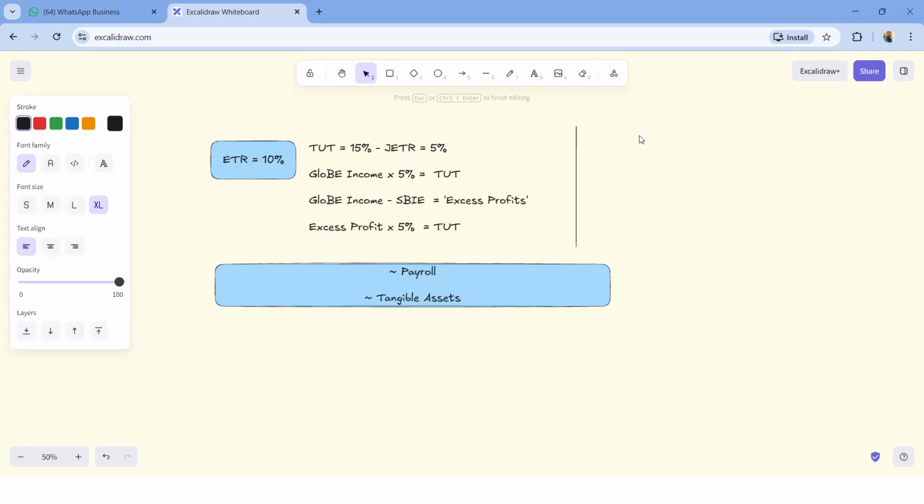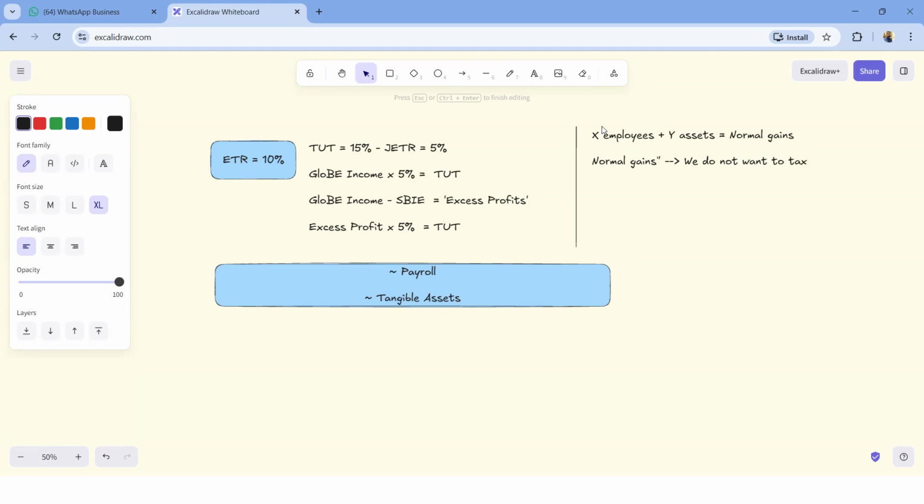So what they are saying is, if you employ X amount of employees and Y amount of assets, then definitely you are doing a business activity. And in a business activity, you will get some normal gains. This normal gain, we don't want to tax.